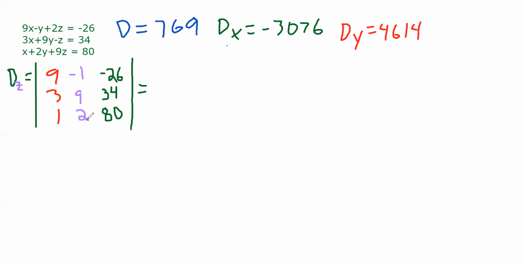And we'll see once all these determinants fall, it's really not so bad after that. The calculations, the determinants are definitely the hardest part. So I'm going to again expand along this first column. 9, and then what I have left over is 9, 34, 2, and 80.